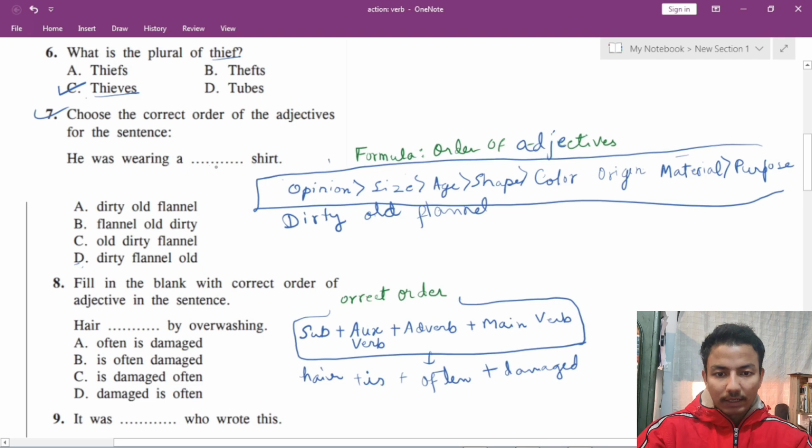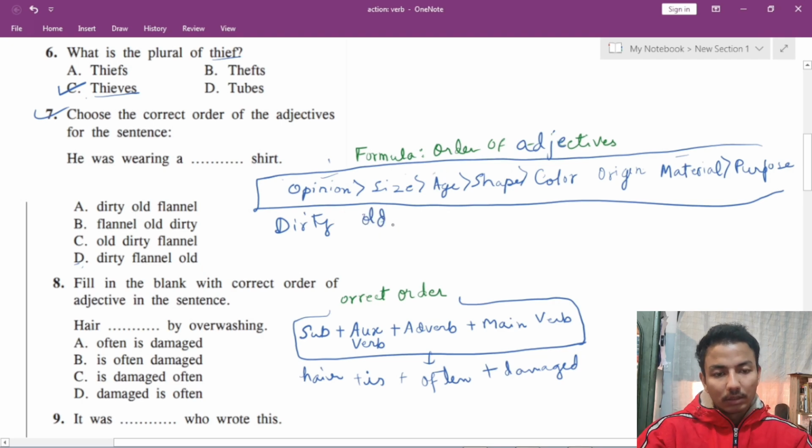He was wearing a dash shirt. Here, let us look. I've already written the answer here, but let us do it again. Opinion here is dirty. Now let us see what is next in our sequence. Size is not there. Age is there. Age here is old.